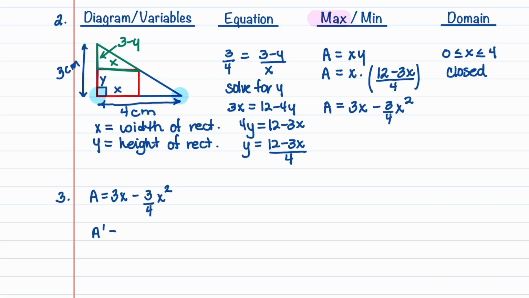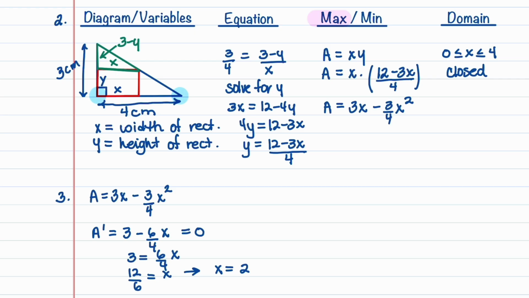A prime is equal to 3 minus 6 over 4 times x, and we're going to set that equal to 0. So we have 3 is equal to 6 over 4 times x. This means that 12 over 6 is equal to x. So we can say that x is equal to 2, and we need units with this.